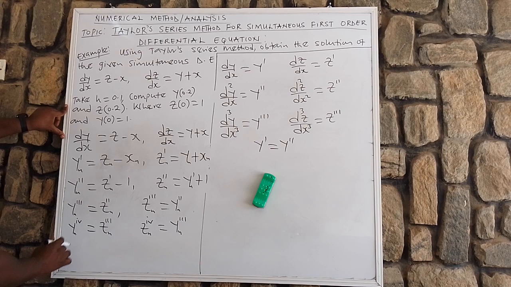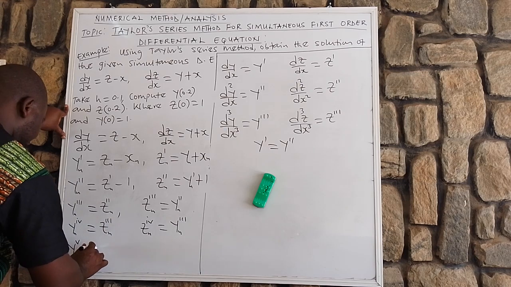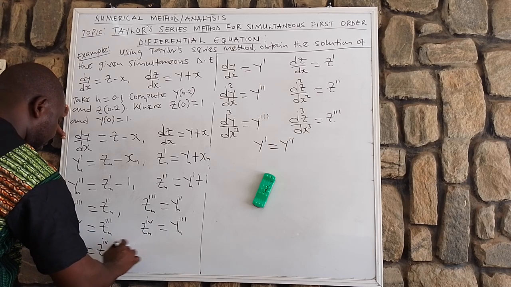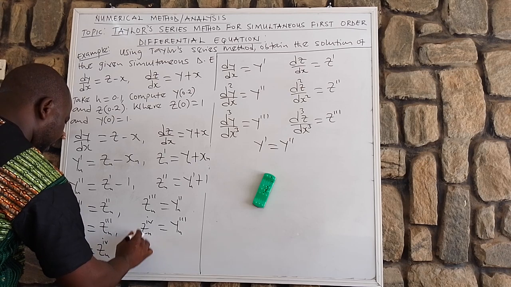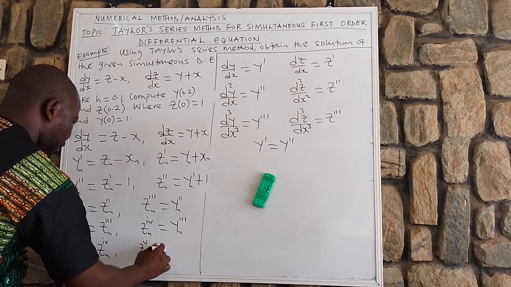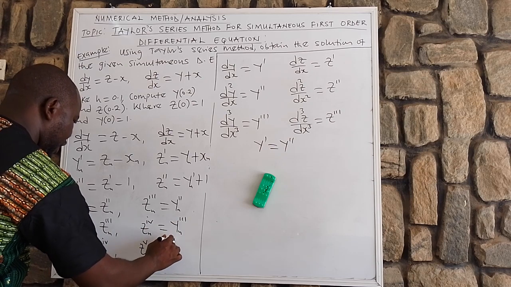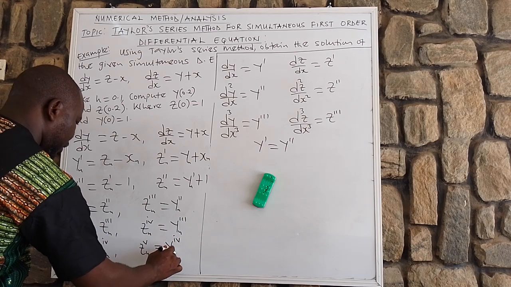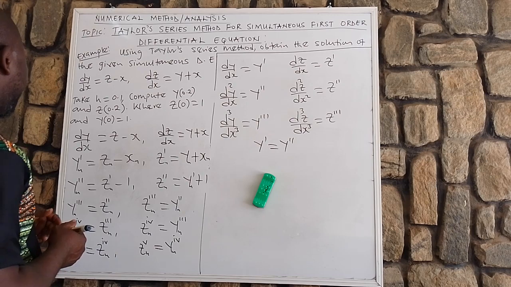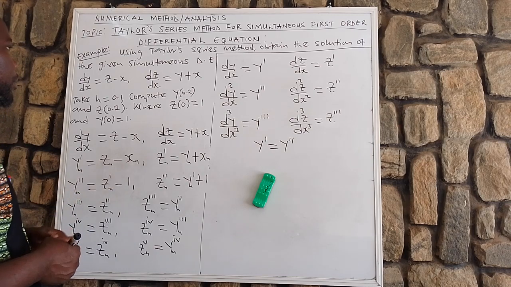Then differentiating y triple prime gives us the fifth derivative subscript n. Z double prime gives us the fourth derivative subscript n. The same applies here: differentiating the fourth derivative of z gives the fifth derivative, equal to the fourth derivative of y subscript n.